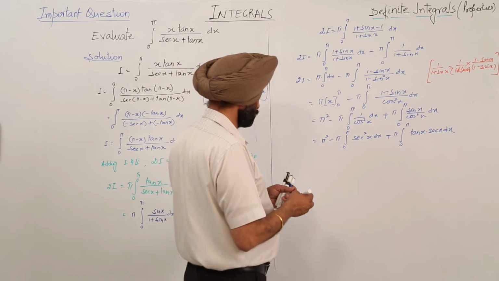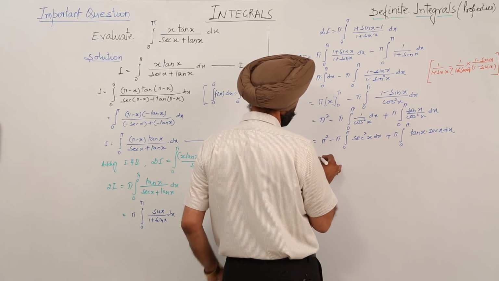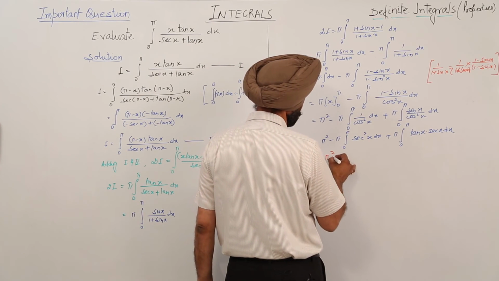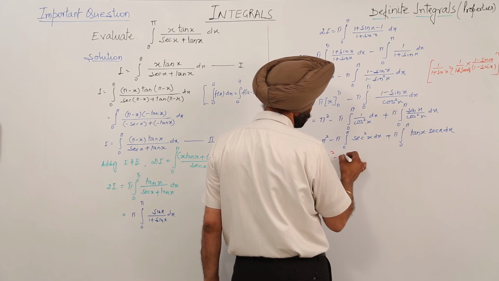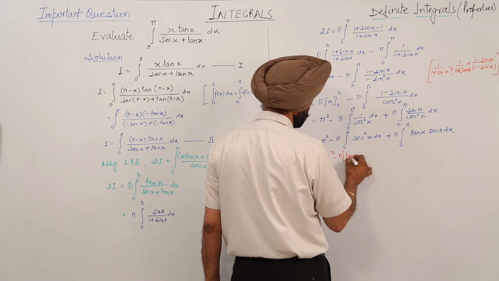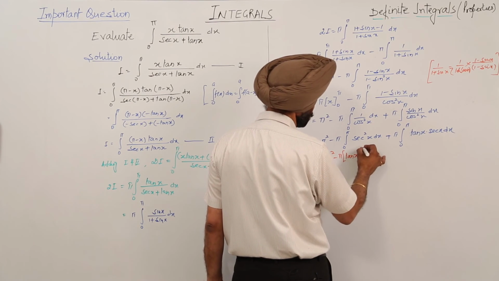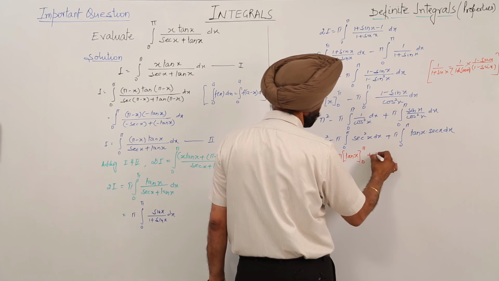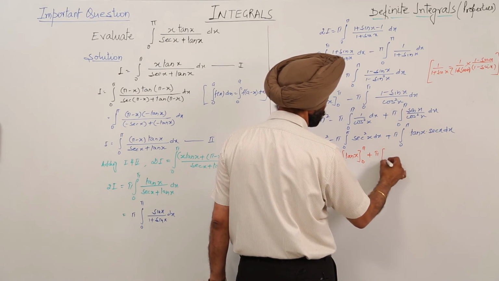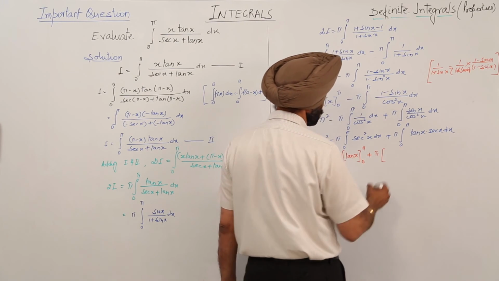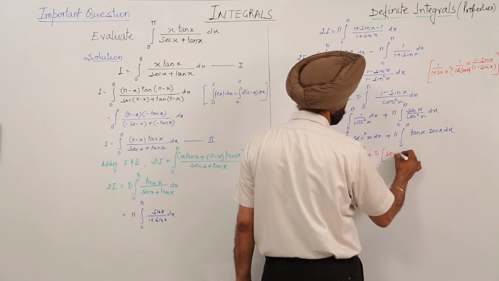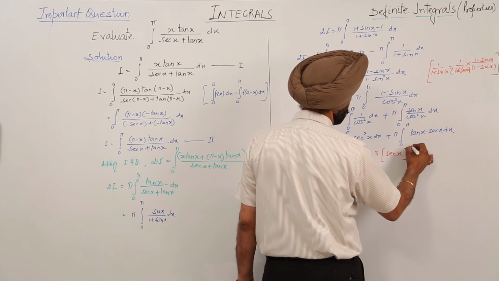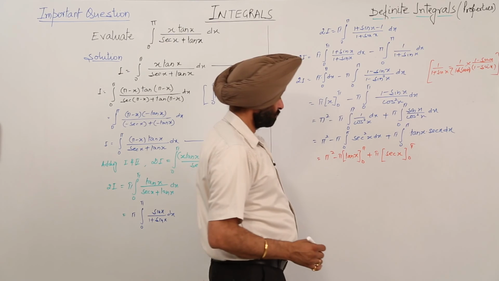Now this becomes pi square minus pi tan x with limits 0 to pi, plus pi secant x with limits 0 to pi.